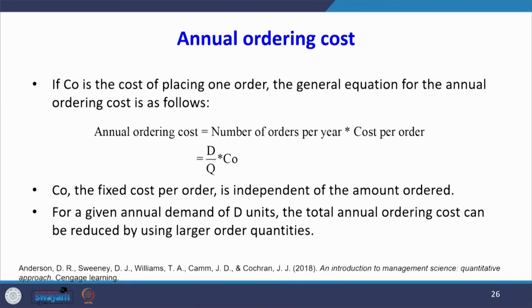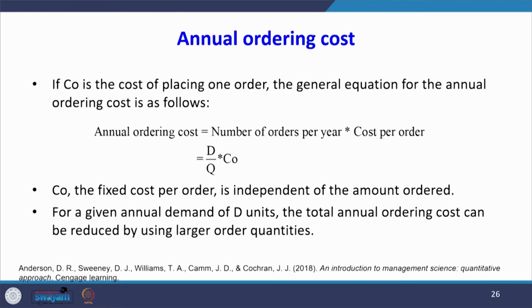For a given annual demand of D units, the total annual ordering cost can be reduced by using larger order quantities. When you order large quantities, the number of orders will decrease. When Q is bigger, the number of orders will decrease, so the annual ordering cost will be less. The CO, that is ordering cost, the fixed cost per order, is independent of the amount ordered.